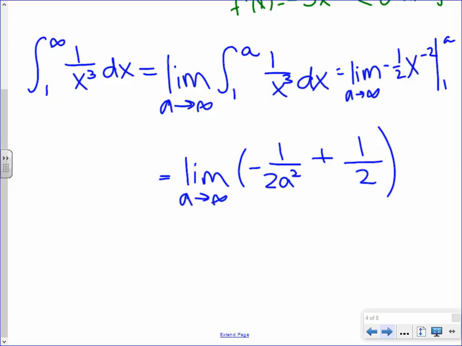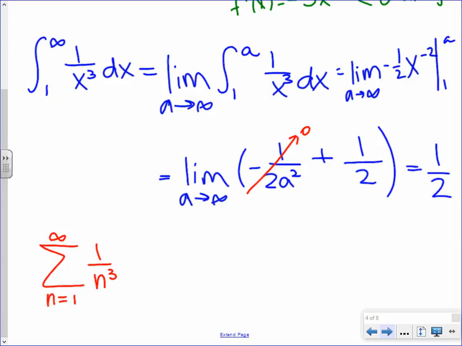It goes to 0, which means we actually have a value for our integral. Thus, our series converges.